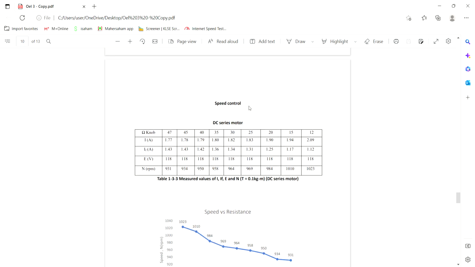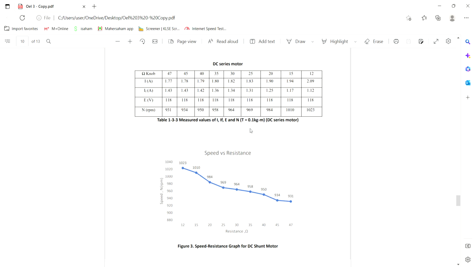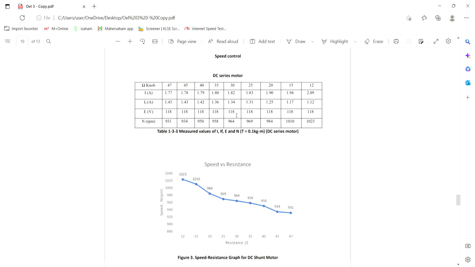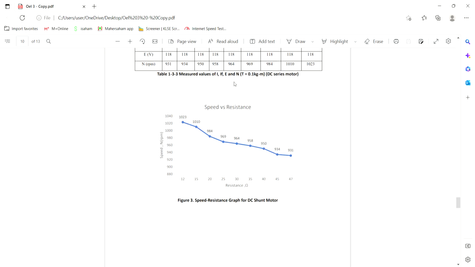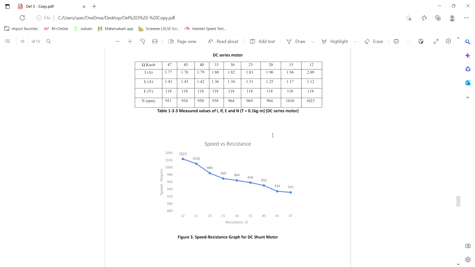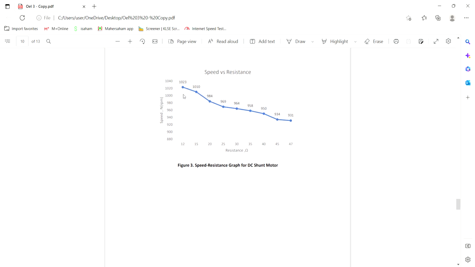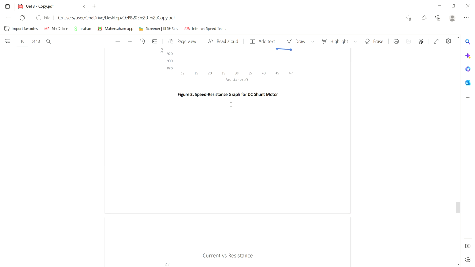So after that, this is for speed control. This is for DC series motor result, and we have done two graphs from the result. The first one is speed versus resistance, where when we increase the resistance, the speed will be decreased.